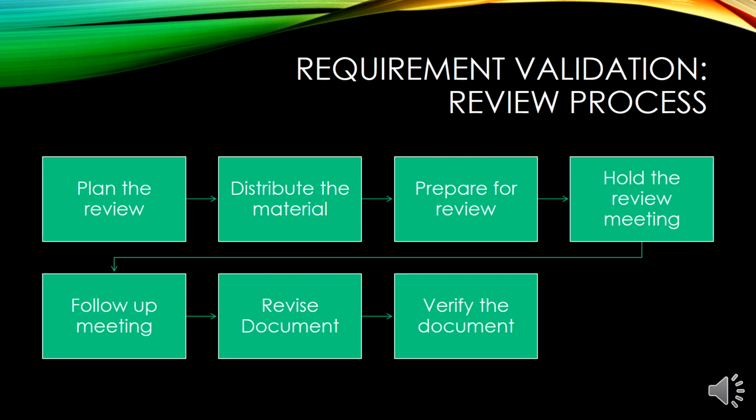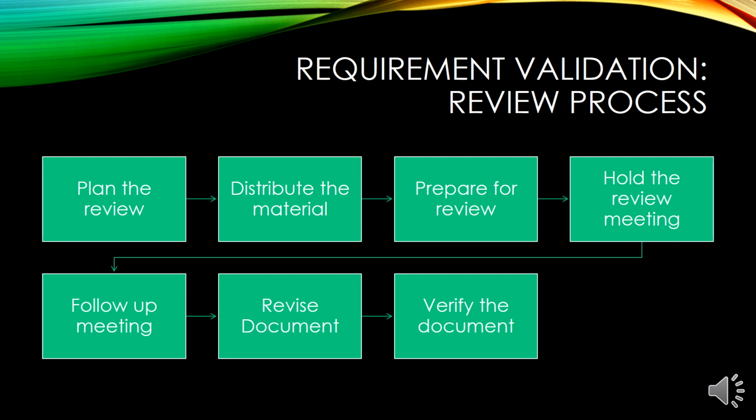Once that has been done, we produce some early results, and from the main meeting we produce a follow-up meeting based on the discussion held at the review meeting. In the follow-up meeting we discuss and finalize the problem list and also the action needed to overcome the problems listed from the previous meeting.